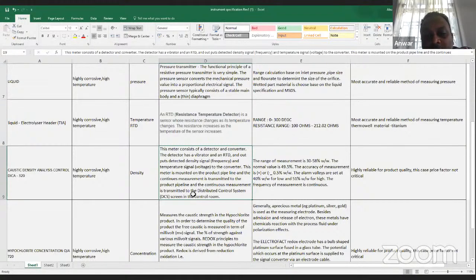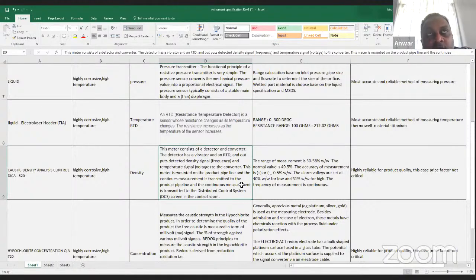By calculation, it converts all these parameters to get the density of the caustic. It is directly mounted on the product pipeline, so it is inline and a continuous measurement, and the measurement is transmitted every second.